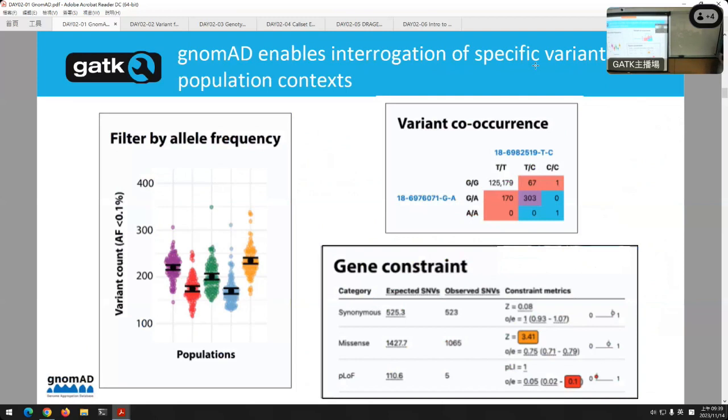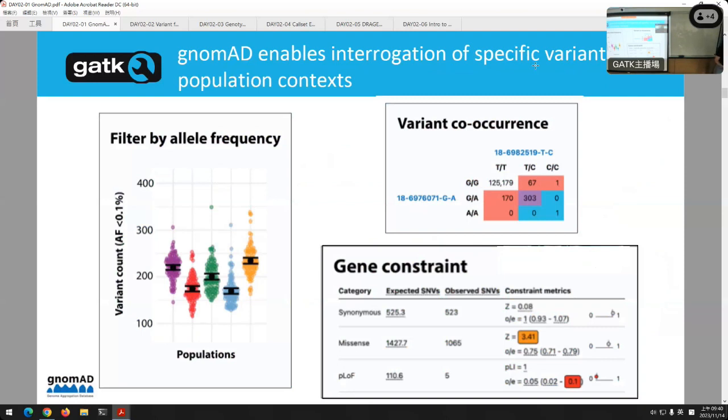Okay, so what can we do with all of this data? These are some of the really important insights that we can gain. First, we can estimate allele frequency, both on a global level and in a specific population. So if you are a clinician trying to find your patient's cause of disease and they have a rare disease, you're probably only interested in looking at variants that are also rare.